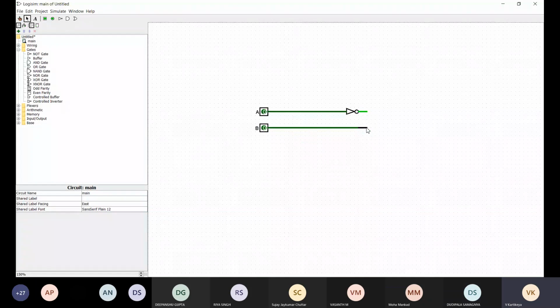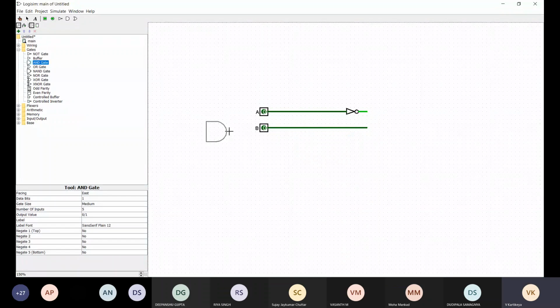Now we are supposed to multiply it together, or we can say AND them together. So we connect these two to an AND gate. So this is the output, and then we have A B bar. So we take the thing out for A B bar. Here you can see a circle type of thing.